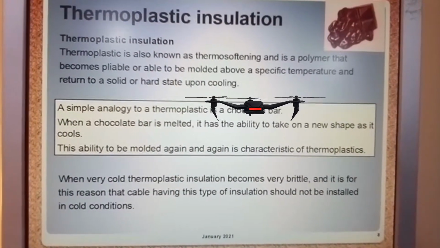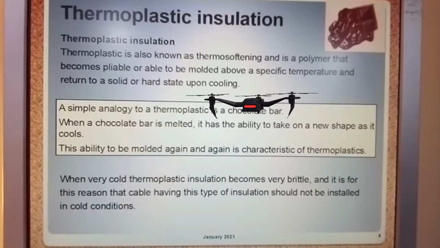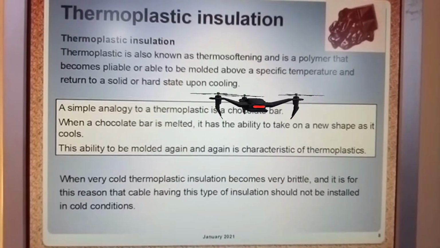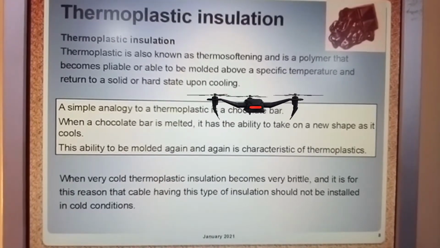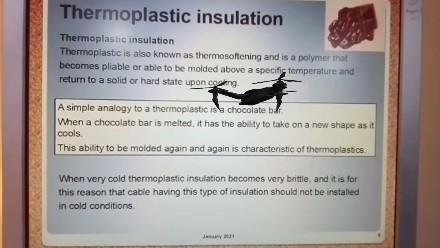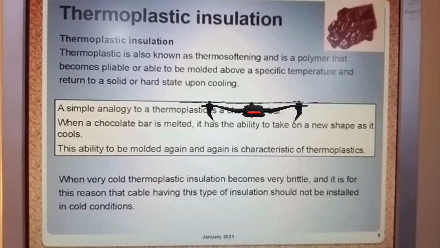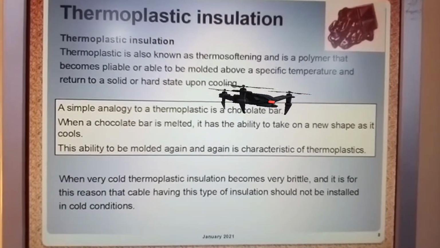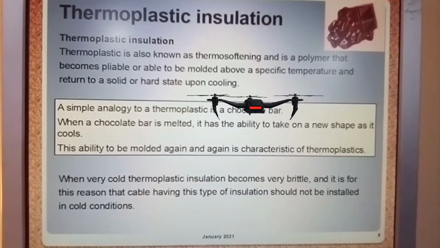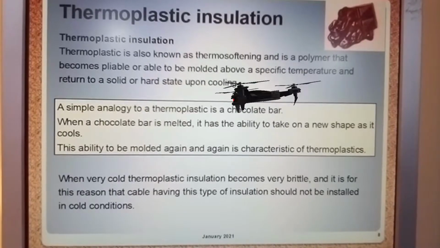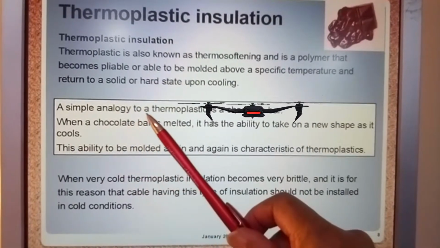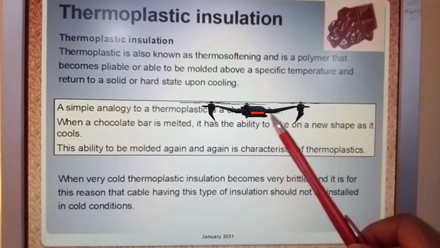Thermoplastic insulation is also known as thermosoftening and is a polymer that becomes pliable or able to be molded above a specific temperature and returns to a solid or hard state upon cooling. A simple analogy to a thermoplastic is a chocolate bar.